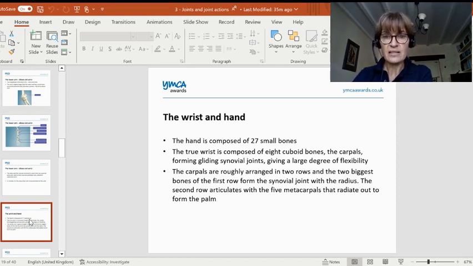So these carpals, these cuboid sort of squarish shaped bones, are roughly in 2 rows. And the 2 of the biggest of the first row form this synovial joint with the radius. So they articulate, the 2 biggest articulate with the radius. And then the 5 in the second row articulate with the metacarpals that fan out to form the palm.